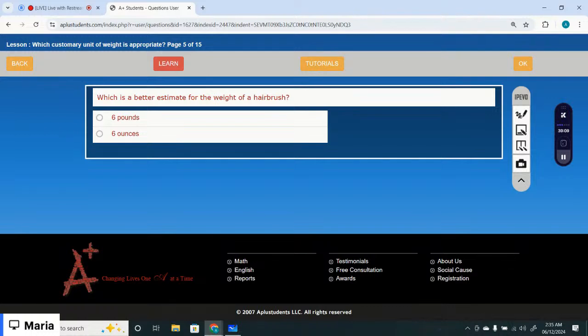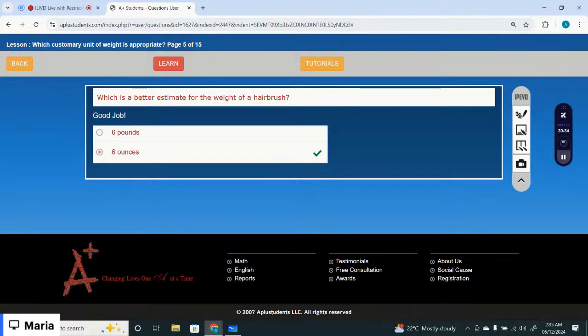Which is a better estimate for the weight of a hairbrush? So, which is the correct option? The weight of a hairbrush must be 6 ounces, right? Because 6 pounds is too much for the weight of the hairbrush.